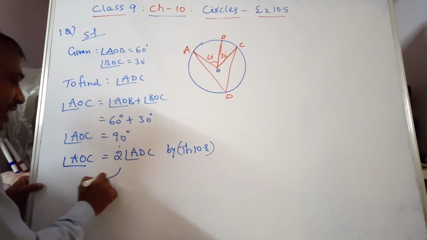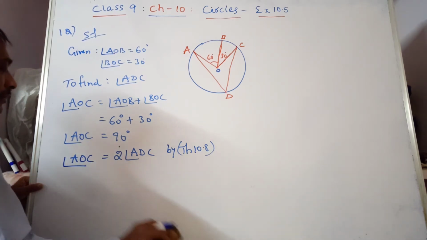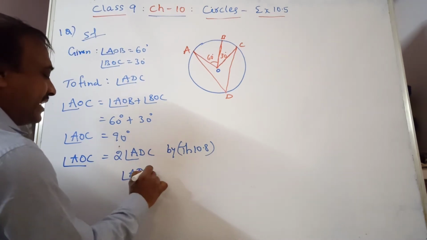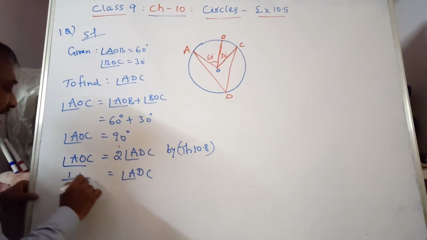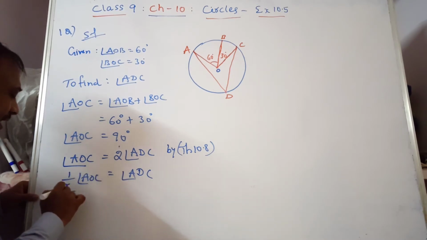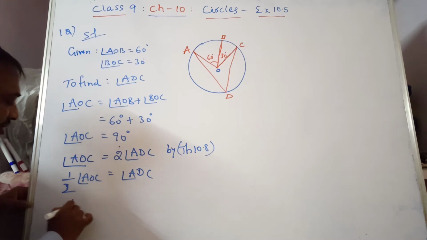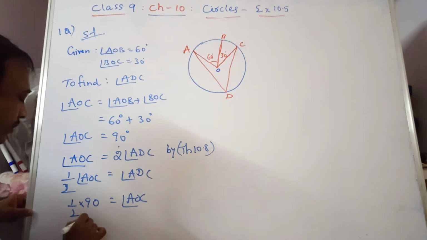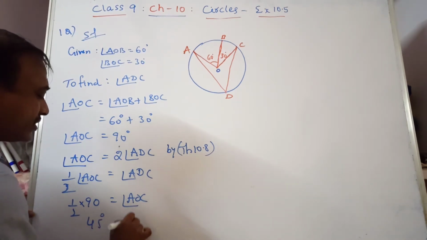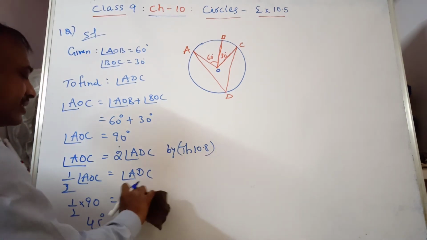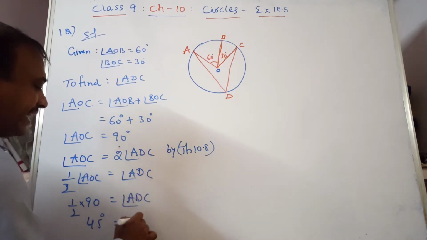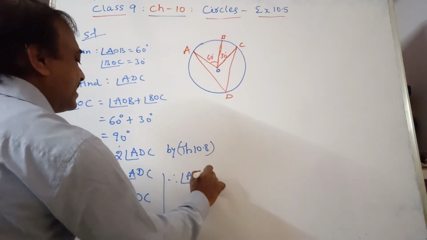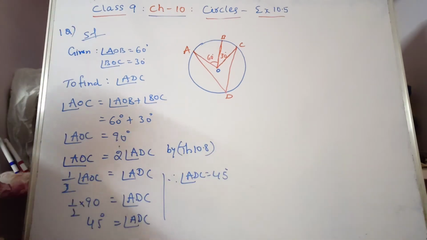Transposing, angle ADC is equal to half of angle AOC, which is half of 90 degrees. So therefore angle ADC is equal to 45 degrees.